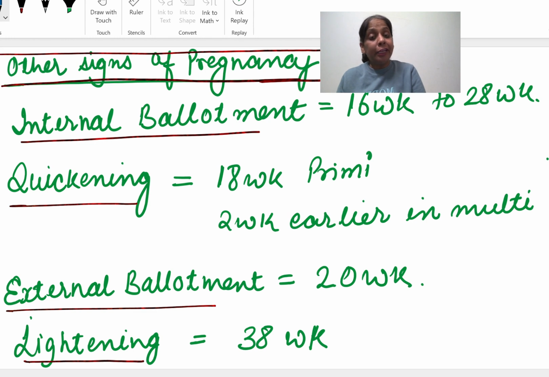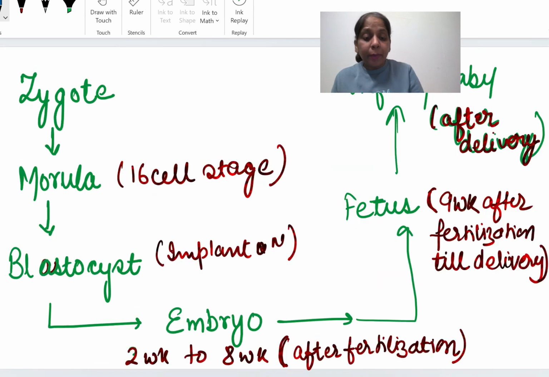Quickening is the feeling of the fetal movements by the mother, at 18 weeks, and feeling of the fetal movements externally, per abdomen, is at 20 weeks. So these are all at a 2 week gap, and lightening is of course at 38 weeks when the fetal head engages. Now a little about the different stages.